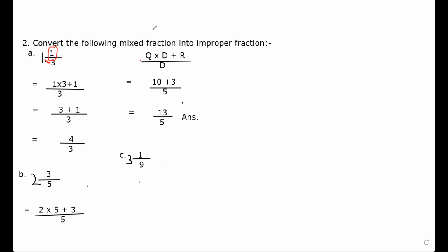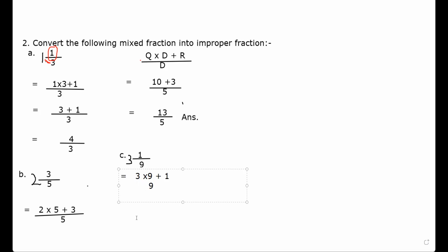Okay, now what we have to do? We have to write 3 into 9 upon, and then we have to add plus 1. Similarly, we have to write upon 9.